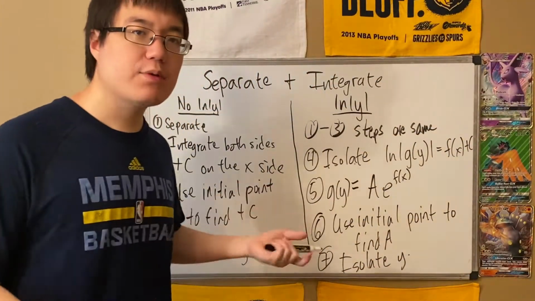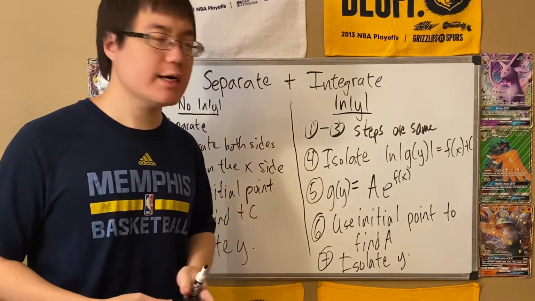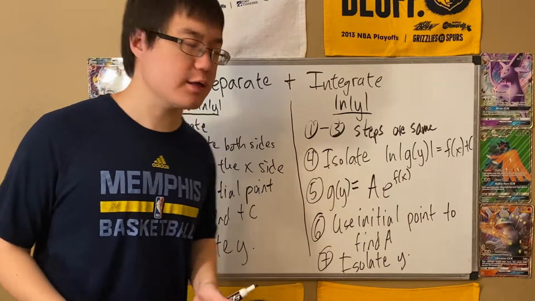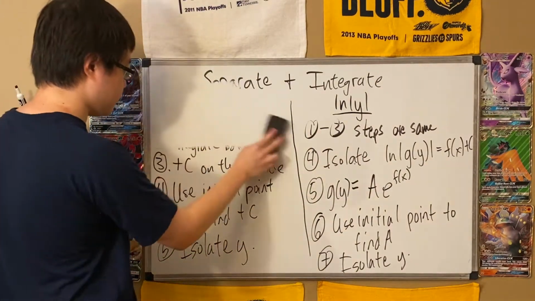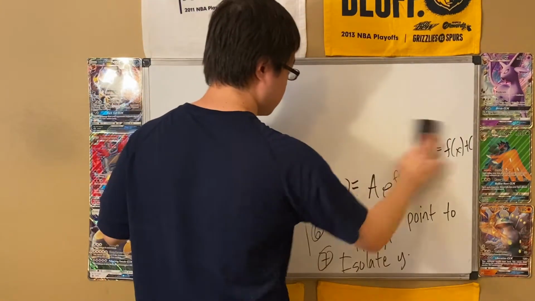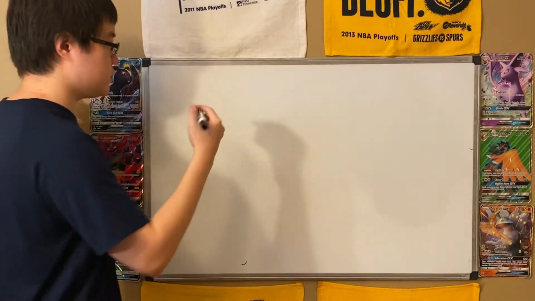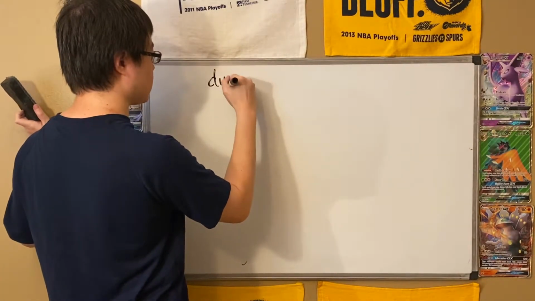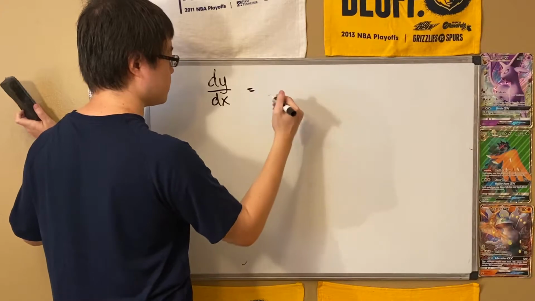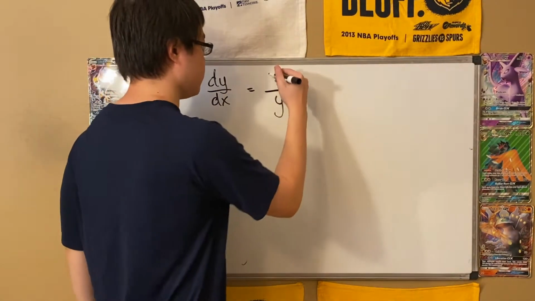So again, what I plan to do is maybe 3 non-ln y case examples, and then 3 ln of y case examples. So let me erase this. So our first example. The givens in these questions will be something like dy dx equals some function y squared, and we'll have something pretty easy at the beginning.